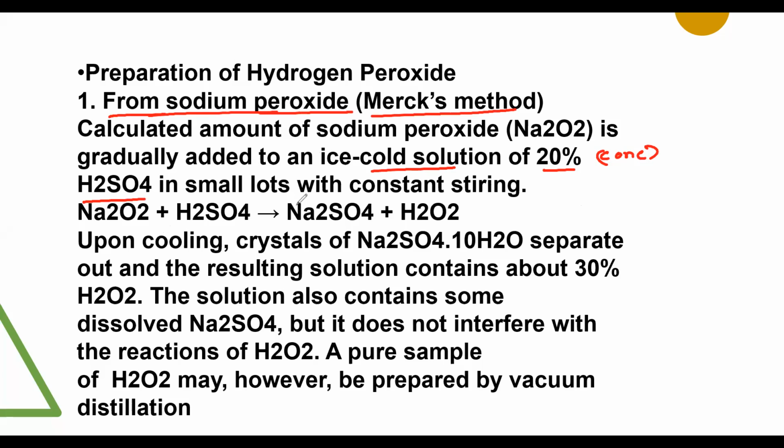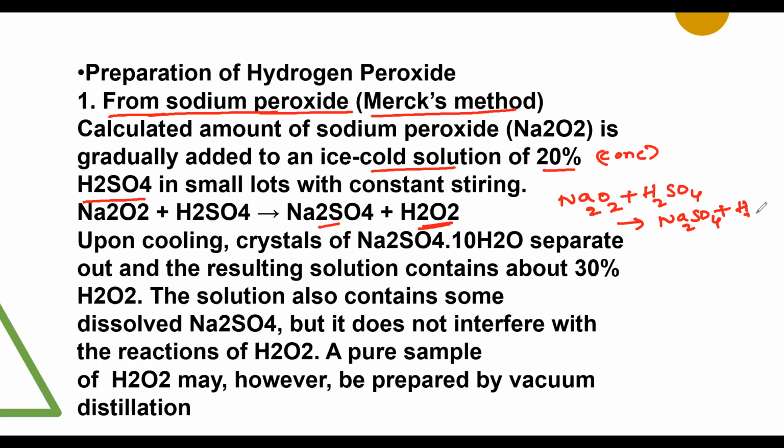By adding these two, you'll get sodium sulfate along with hydrogen peroxide in small lots with constant stirring. The equation I'm writing: Na2O2, this is called sodium peroxide. On reaction with sulfuric acid, it forms sodium sulfate along with hydrogen peroxide. This equation is very, very important.